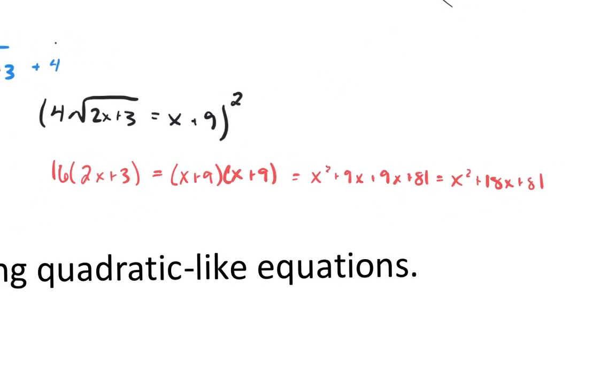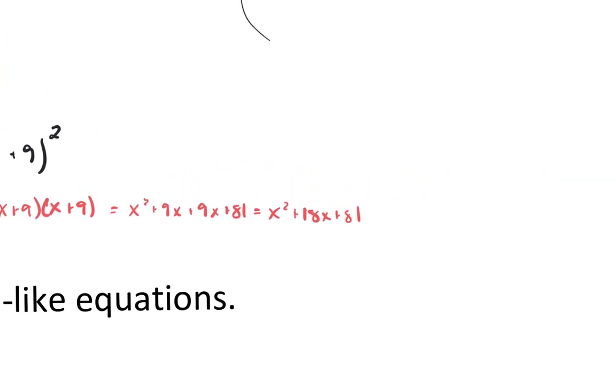And then distributing this, we'll say that's equal to 32x plus 48. Now subtracting that over, minus 32x minus 48, will give us x squared minus 14x plus 33 is equal to 0.